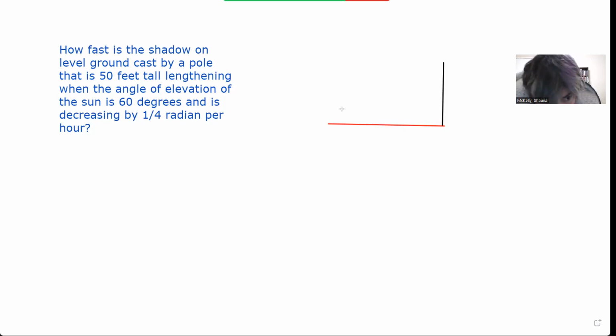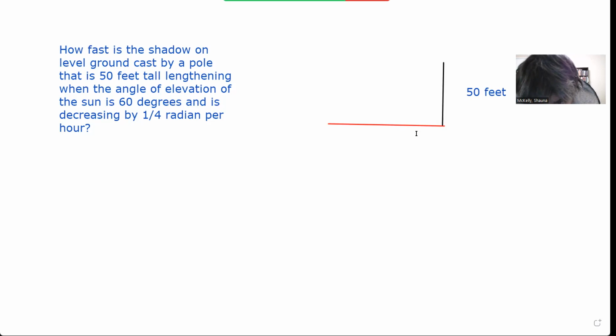So anything that's fixed, I'm going to go ahead and put in my drawing. So I'm going to say that this height is 50 feet. I don't tend to put anything in my drawing at this point that's not fixed. I'll write them as variables, but I don't put anything in there that's not fixed.